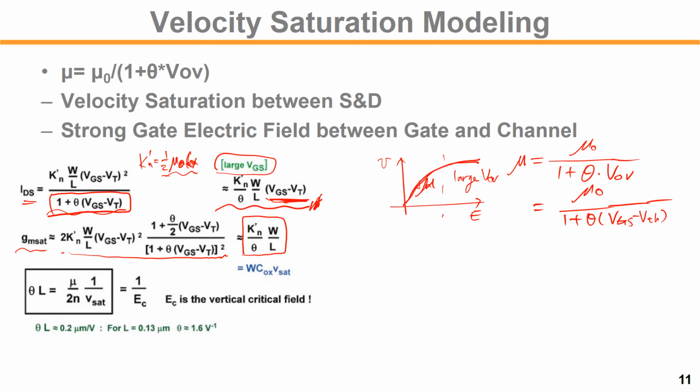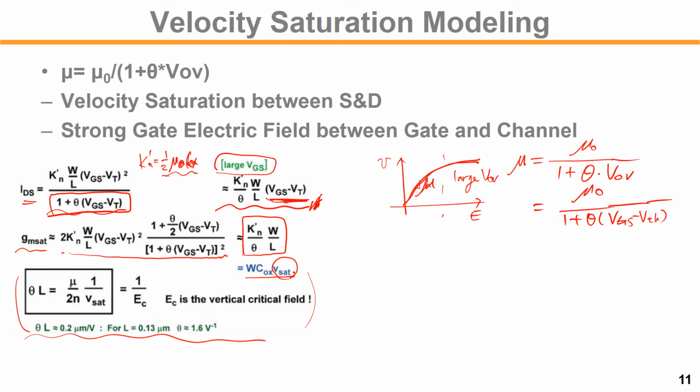So GM is proportional to W over L in the velocity saturated model, and also to W times COX times the saturated velocity here. So we can equate the relationship here, but this derivation is not that important, so we'll skip this.